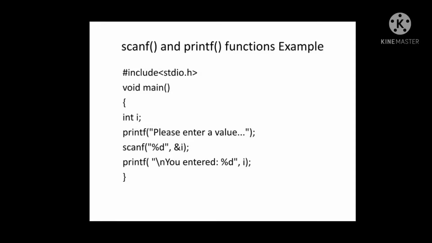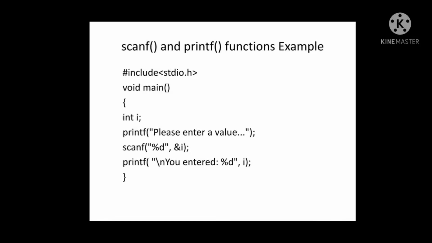Now let's understand this concept with an example. In this example, #include <stdio.h> defines that this program is using the library functions of stdio header file. The main function is necessary for every C program. The third line int i defines a variable i. The fourth line is displaying message on the screen asking the user to input a value.